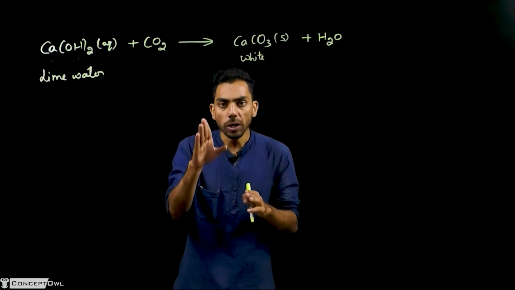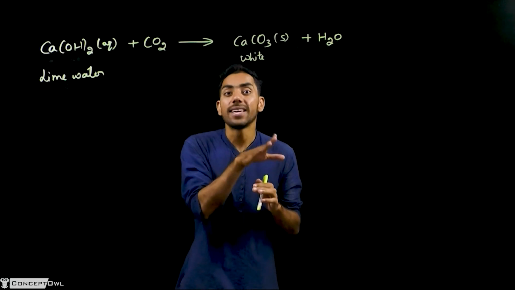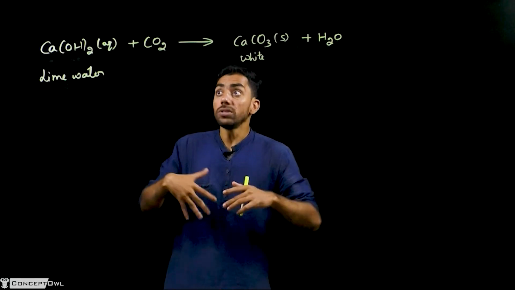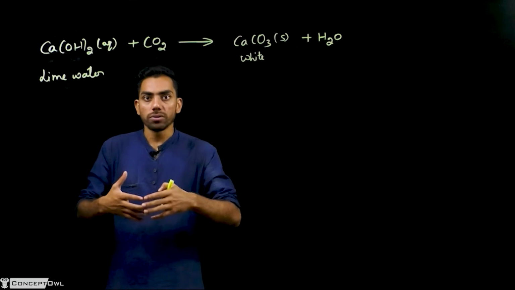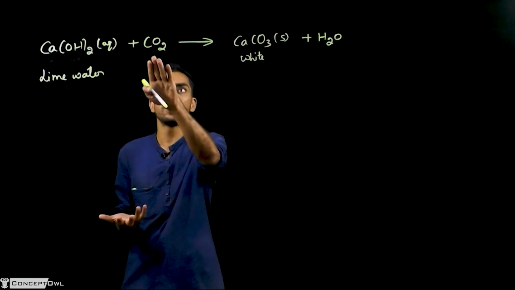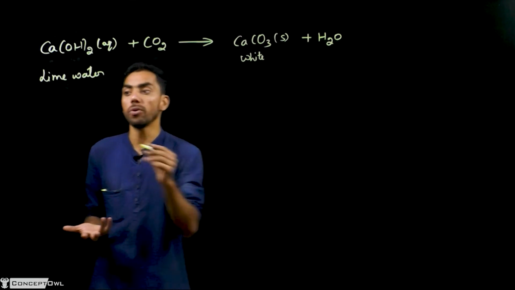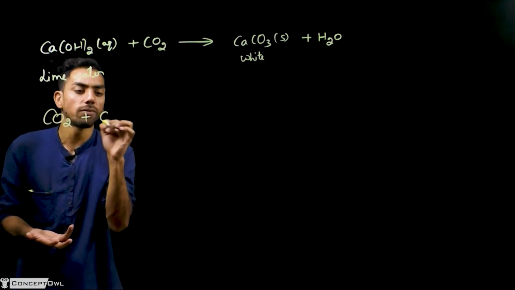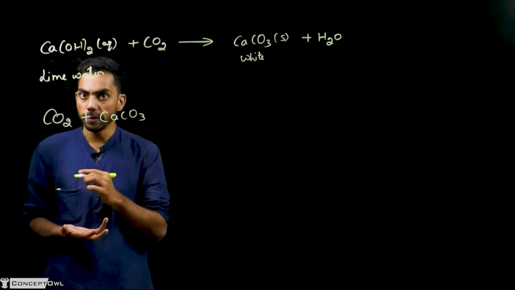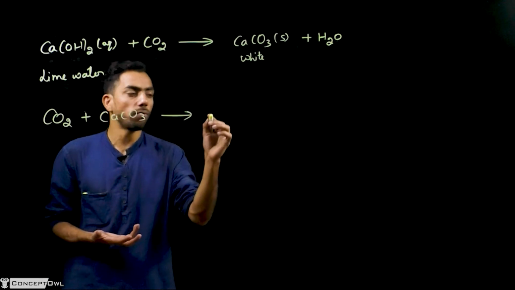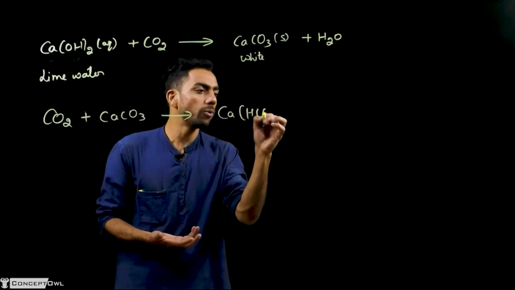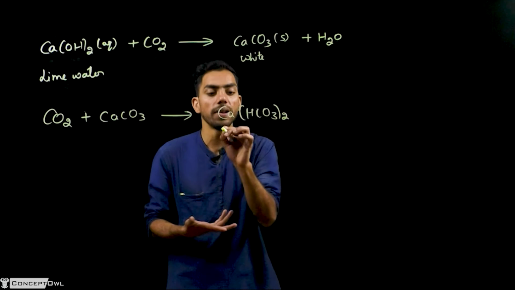But here you have to be really careful. Why? Because if you pass this carbon dioxide in excess amount, then this CO2 can dissolve the calcium carbonate. This CO2 can react with calcium carbonate and form calcium hydrogen carbonate, which is soluble in water.